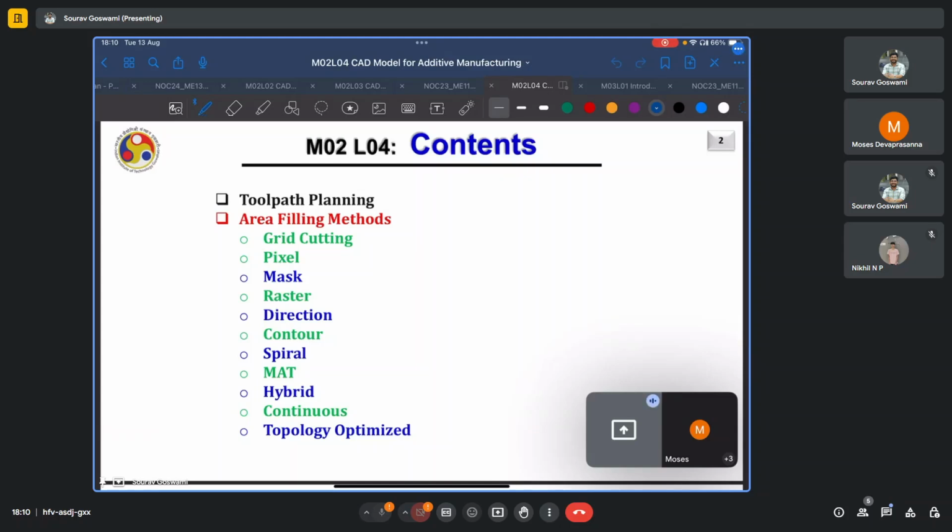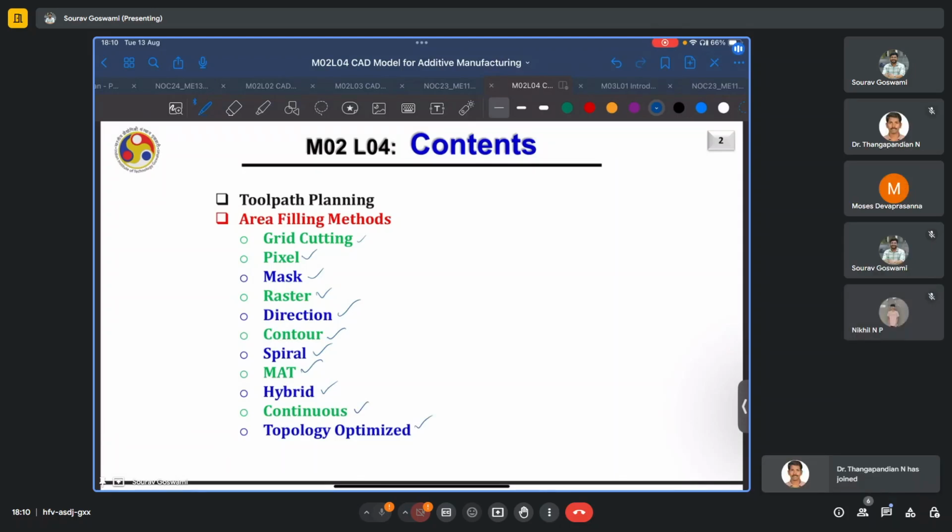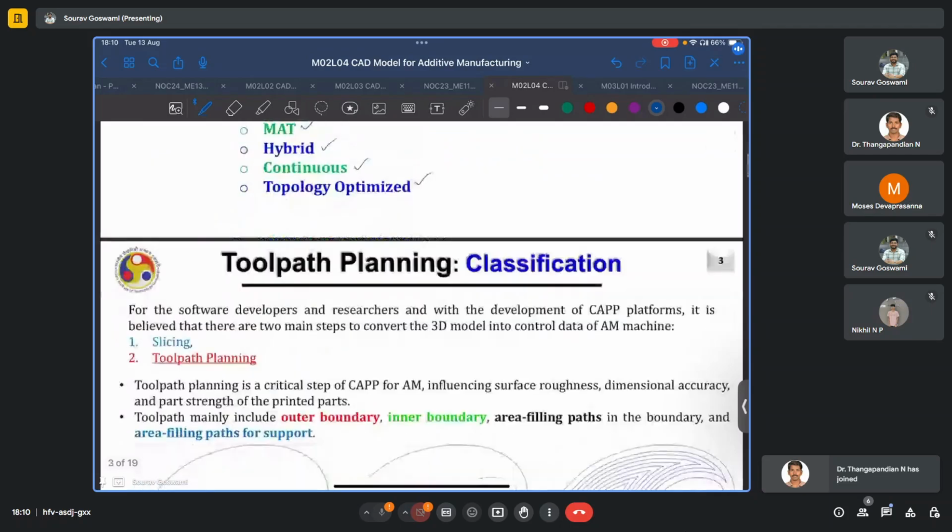Among all of them are, say, grid cutting, pixel-based area filling using a mask, raster-based filling, direction parallel filling, contour parallel, spiral, medial axis transformation or MAT, a hybrid filling strategy, which may combine two or more of these strategies, continuous filling, and topology optimized area filling methods. And let us have a brief recapitulation of all of them one by one.